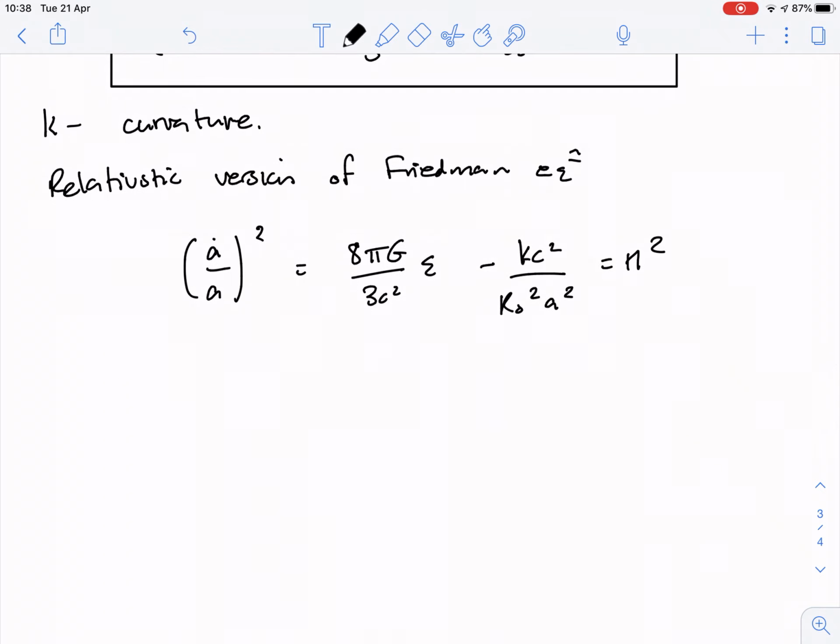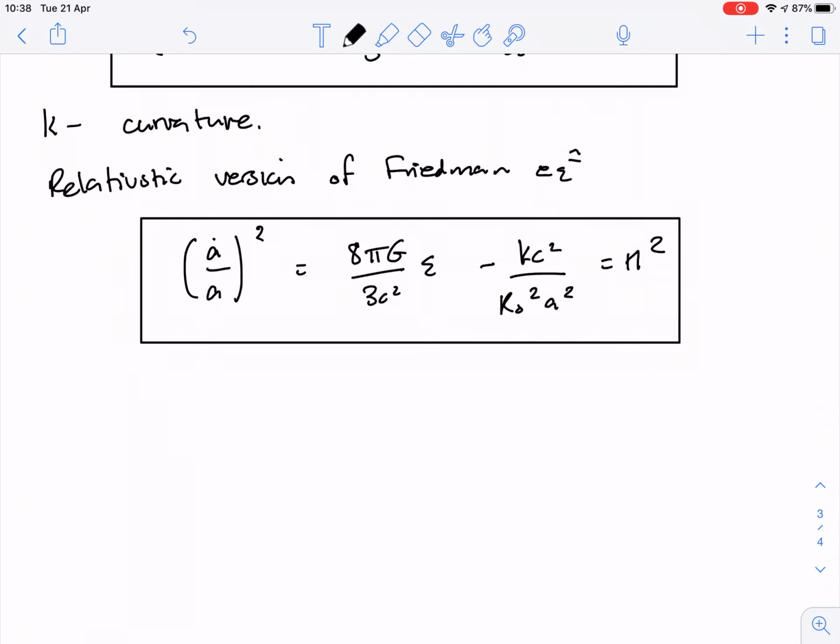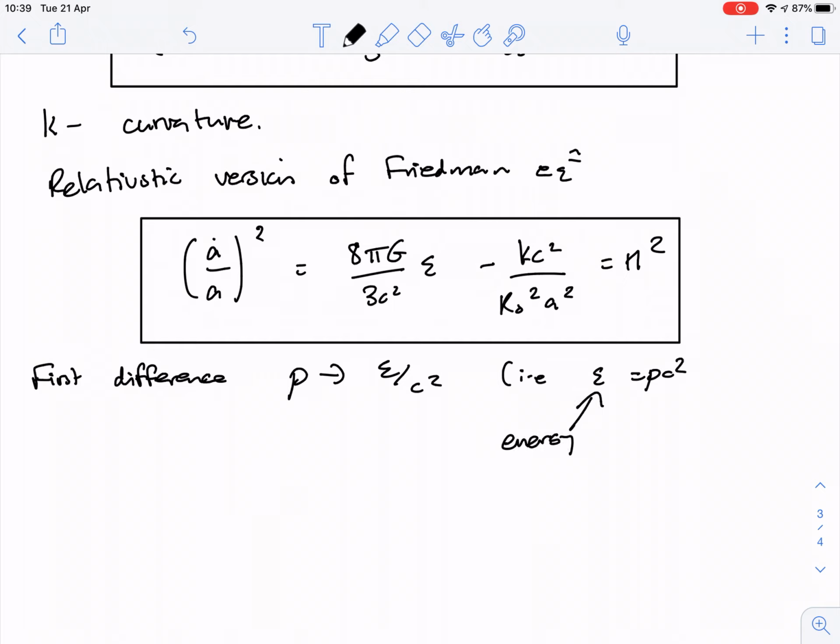And there's a few crucial differences that are made here. The first difference is you've changed rho to E over c squared, i.e. E equals rho c squared, and this is the energy density, and this is the matter density.